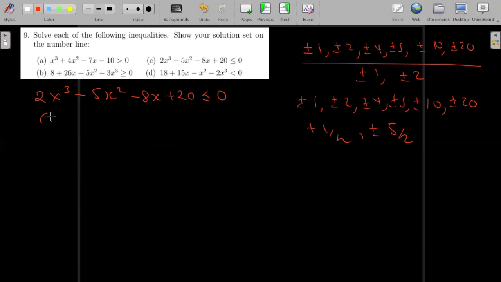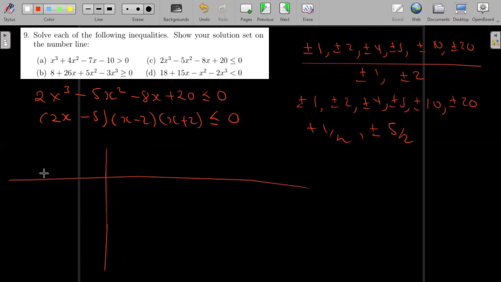The way it factored out was 2x minus 5, then I have x minus 2 and x plus 2. This has to be less than or equal to what? To 0. Coming up with your table again. You have it like that.